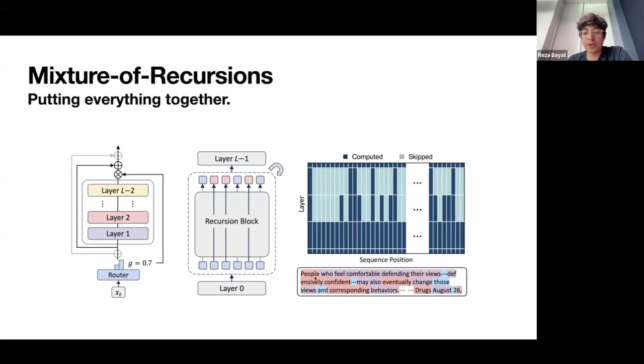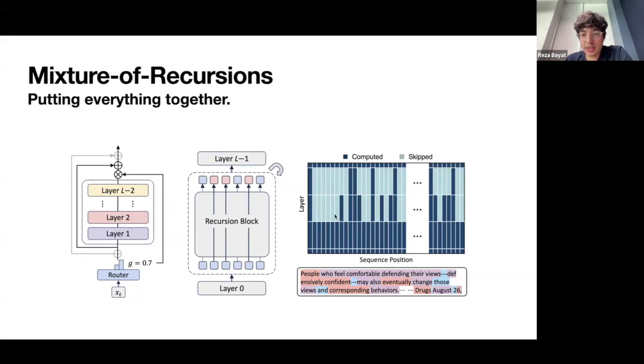And in this one, the first token has gone through all the layers, all the recursion steps, 3 recursion steps, but this bunch of tokens has only been used for 1 recursion step.